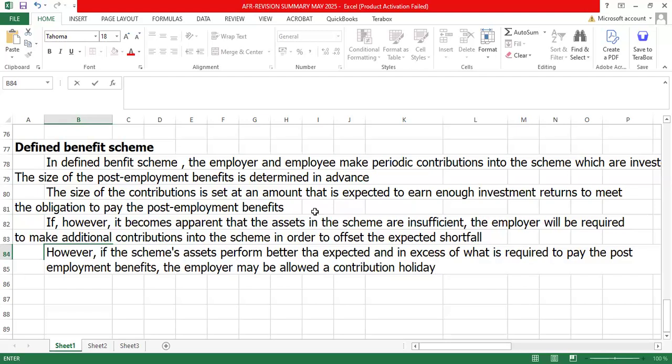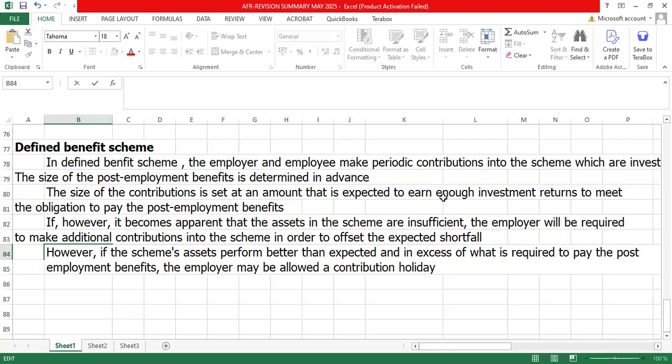Remember here, you the employee and the employer, all of you are contributing to this scheme. But what if we realize that the scheme is performing well, and you see that already you have met the threshold?